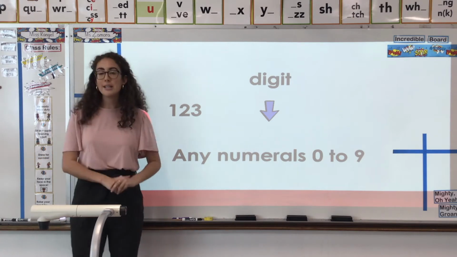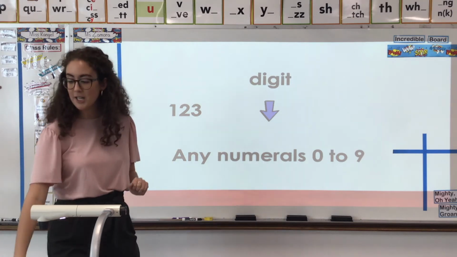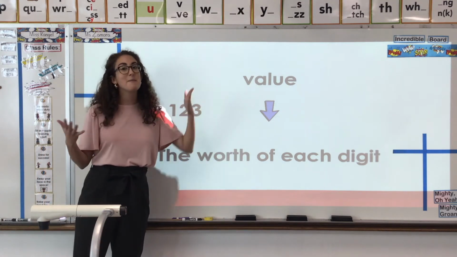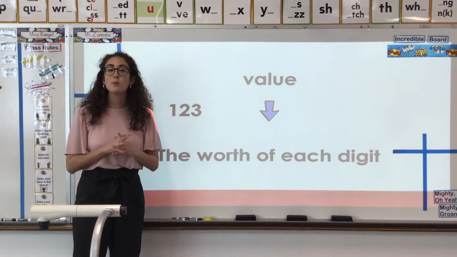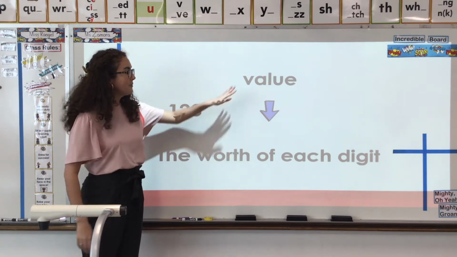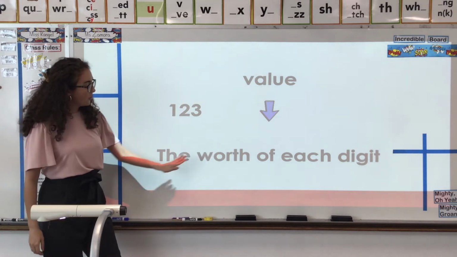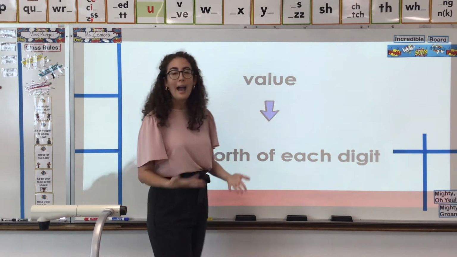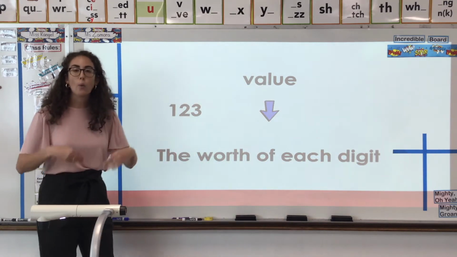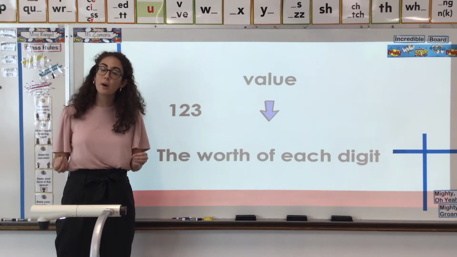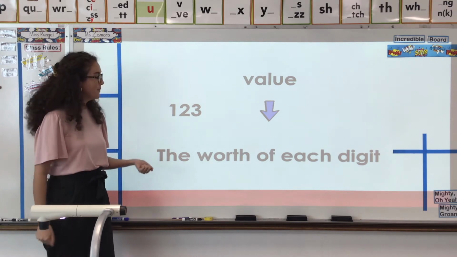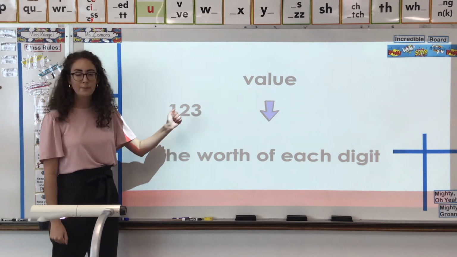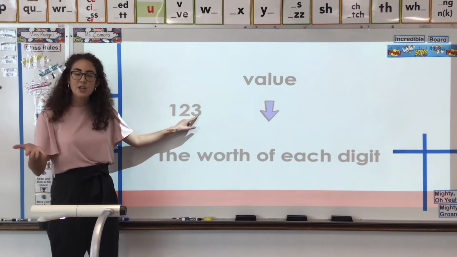So those are digits. And each digit has value. This is a word we've talked about a lot before, and it was also in our learning goal. Value is the worth of each digit. How much does that digit represent? How much is it worth? What's its value? So in our example number, 123, 3 is a digit.